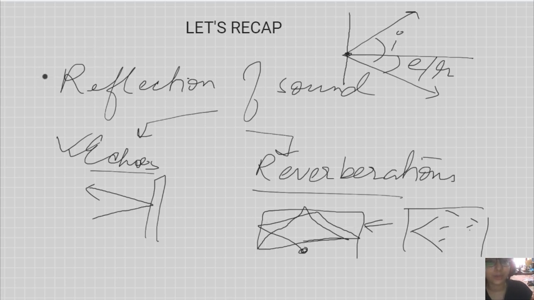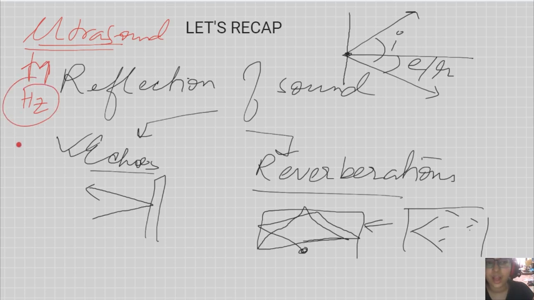We talked about ultrasound, how it comprises ultrasonic waves, which due to their very high frequency have a lot of industrial and medical uses. We talked about the range of sound, which was 20 hertz to 20,000 hertz. Anything above that would be ultrasonic, and anything less than 20 hertz will be infrasonic.